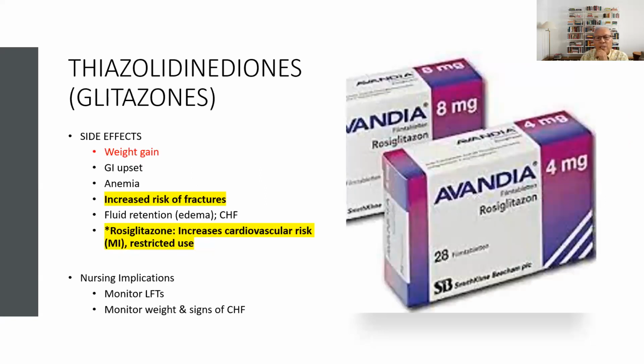So what are the side effects of these drugs? Well, the major side effect is going to be weight gain. And the other important thing is that in the beginning, patients who use this drug would develop liver dysfunction, so it is a major consideration that we monitor the patient for symptoms of hepatic injury.